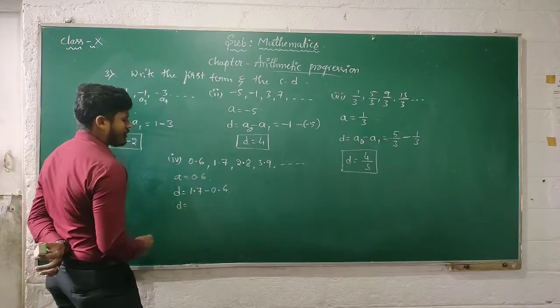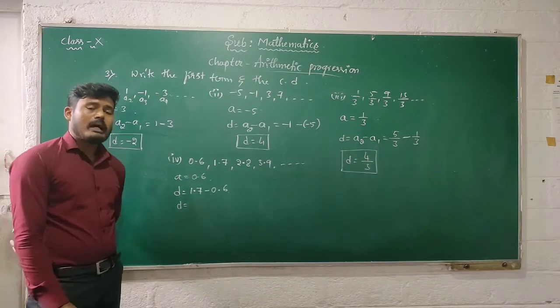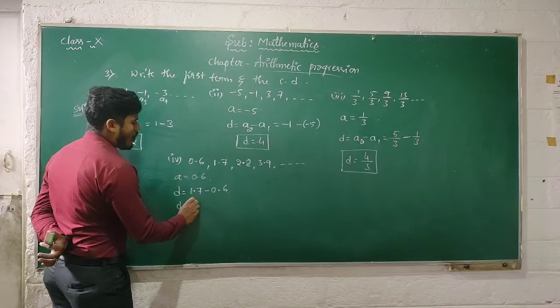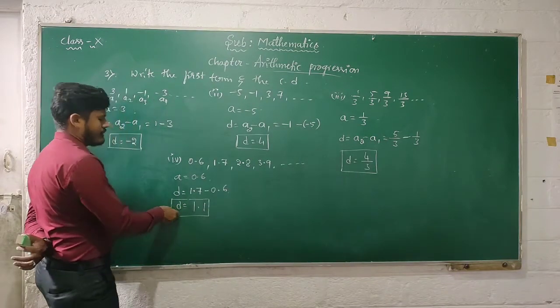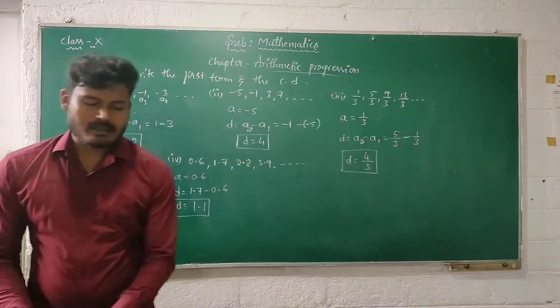So here the common difference is equal to A2 minus A1. So 1.7 minus 0.6, this is equal to 1.1. This is the common difference of the last arithmetic progression.